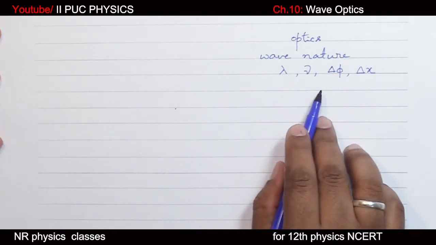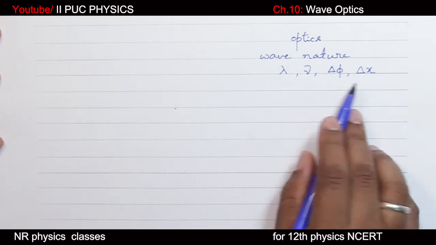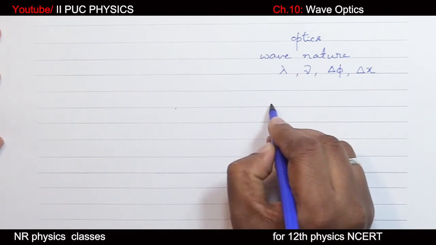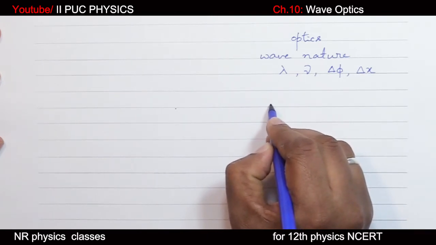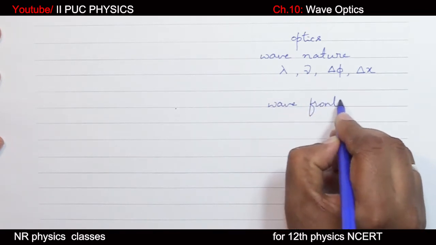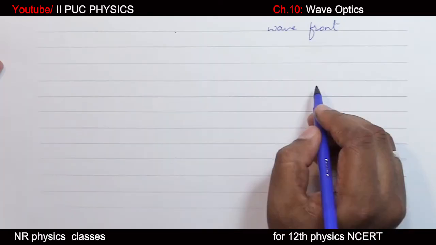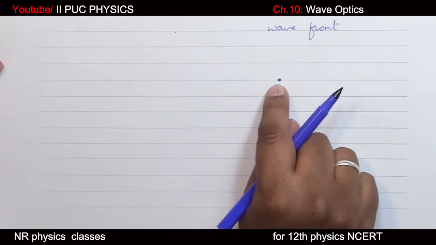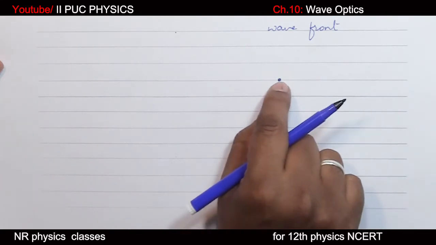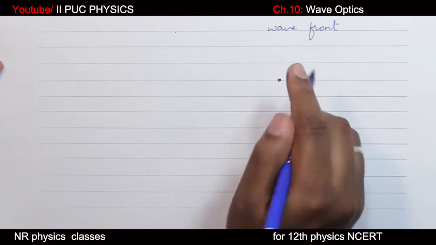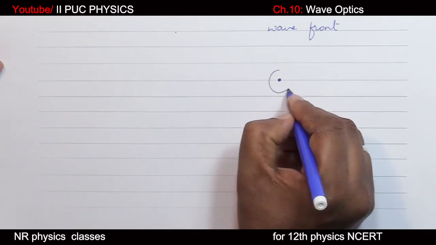So in the first topic in wave optics, let us go through wavefront. If this is a point of disturbance on the surface of water, and if I tap the surface of water at regular intervals like this, then we can see ripples, isn't it?